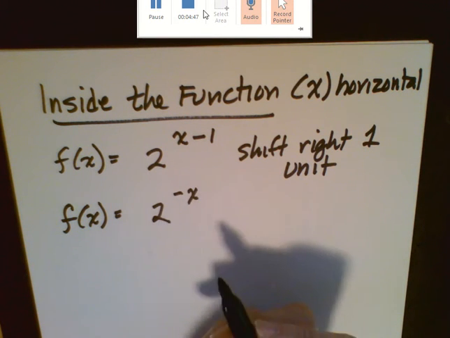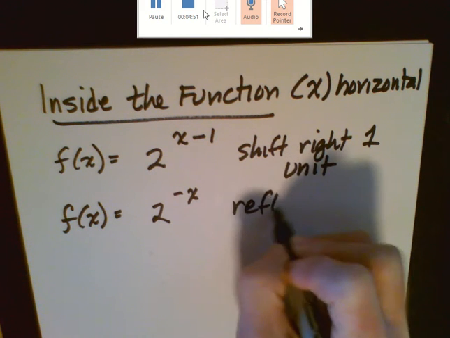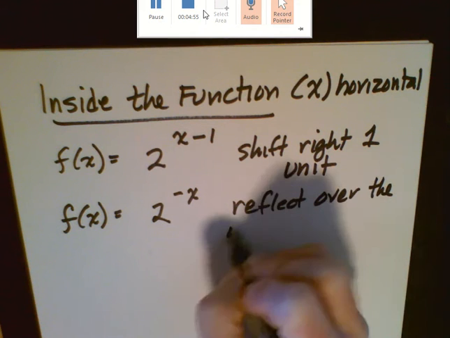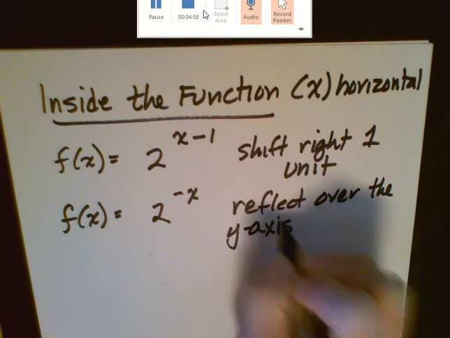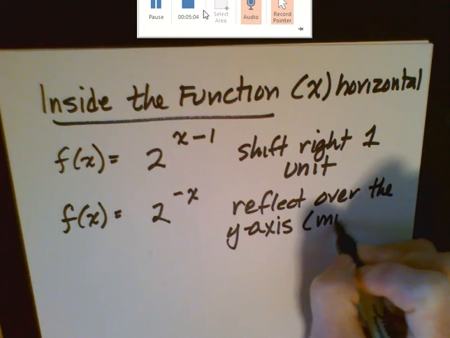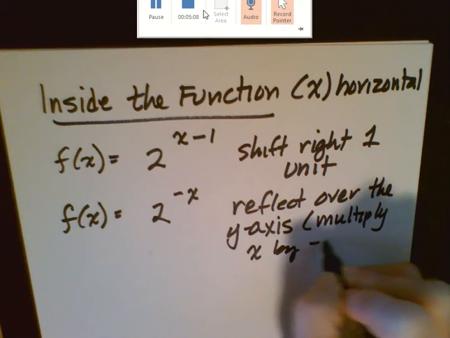You have to apply that negative to the exponent before you raise 2 to the power, and this will be a reflection over the y-axis. Now, reflecting over y doesn't change the y values of your points, it changes your x values. You would multiply x by -1.